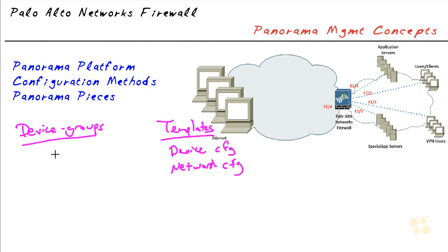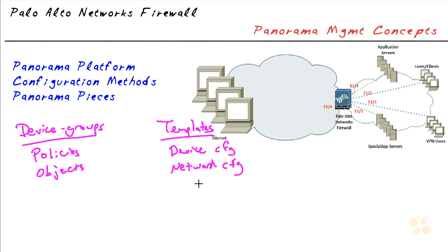My device groups are going to get more into my policies and my objects, so the things that are more tied to the actual security themselves. These are more specific to the implementation of it.